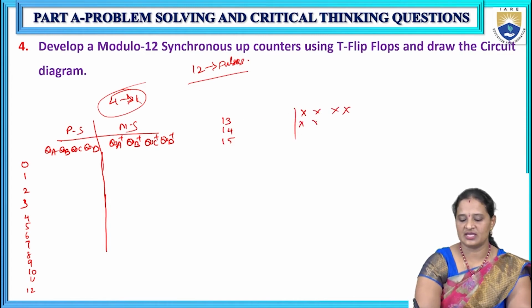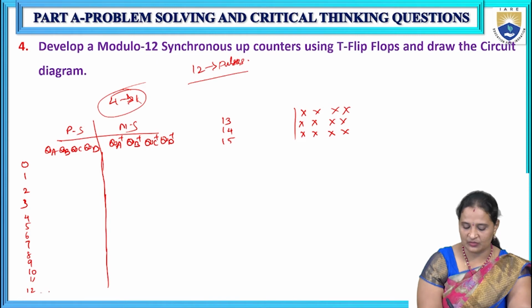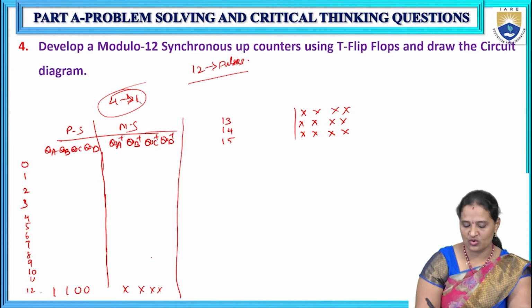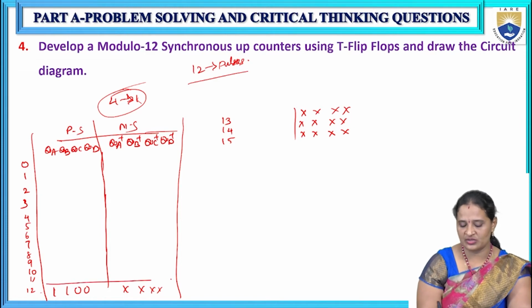If these are the present states, then the next state values are don't cares. So for 1100 also, the next state is considered to be don't care, as it is not mentioned what output we have to consider for the remaining combinations. That is why we are taking it as don't care.